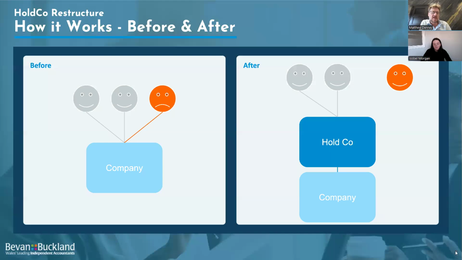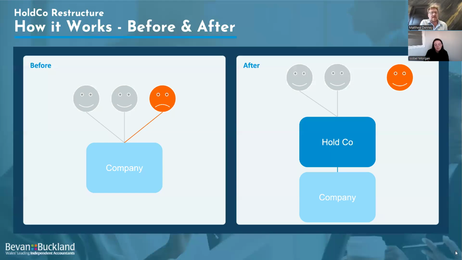Now, of course, there's no possibility of that holding company repaying that loan because that money's gone out the door to the exiting shareholder. So there are some things to work through, not just from a tax perspective. We've got to think about the commercials and also the accounting ramifications down the line.